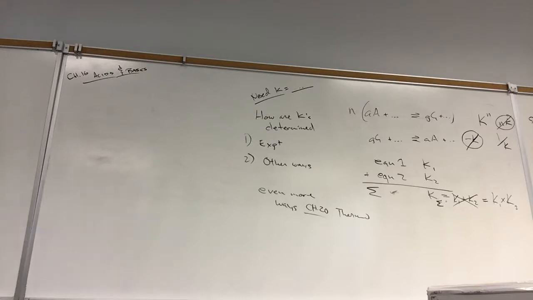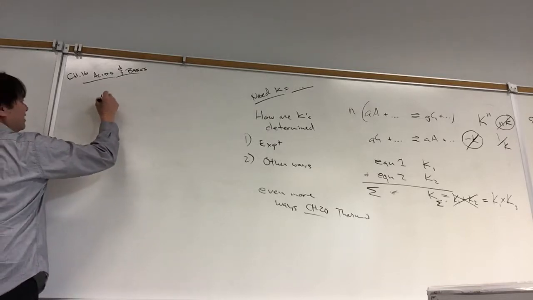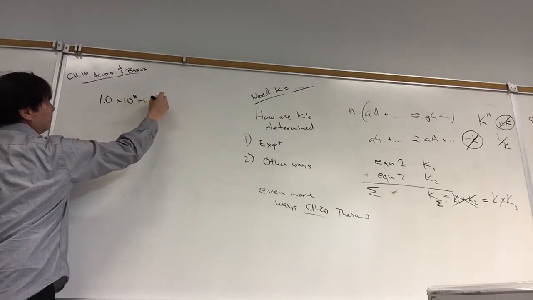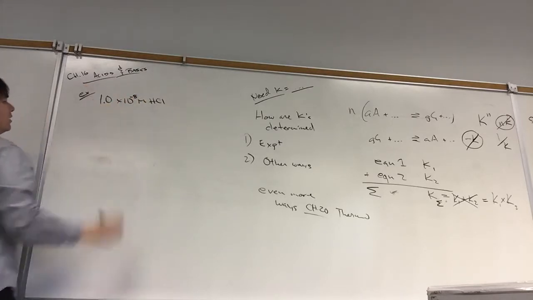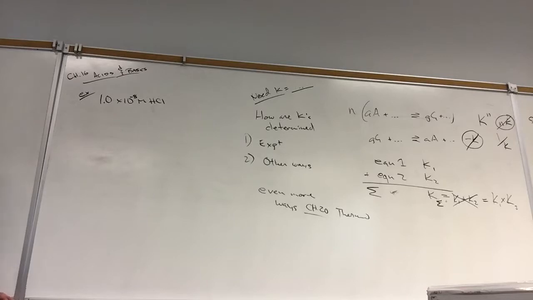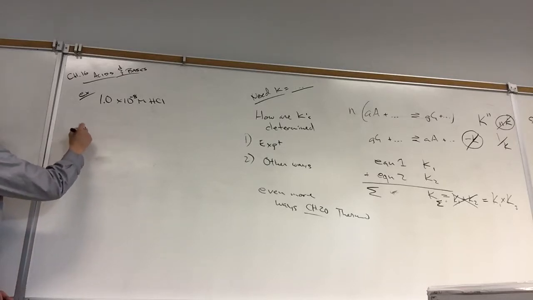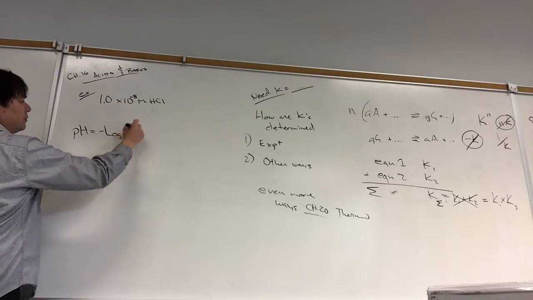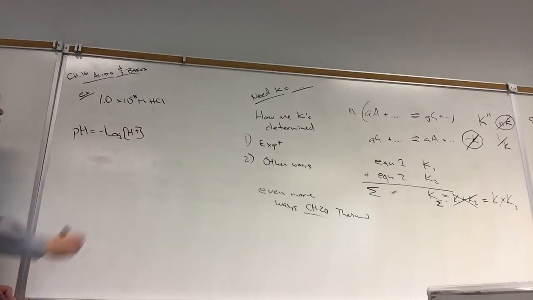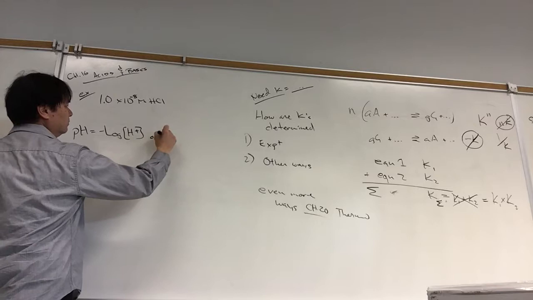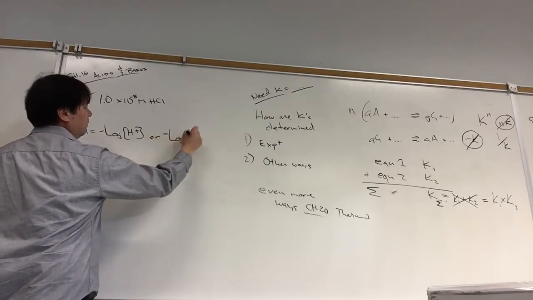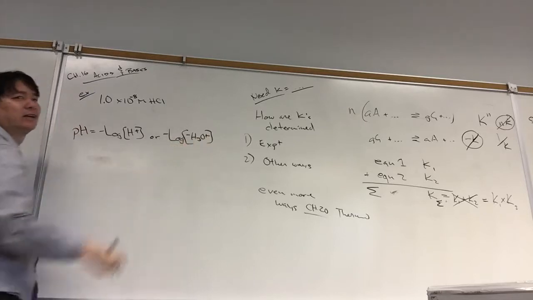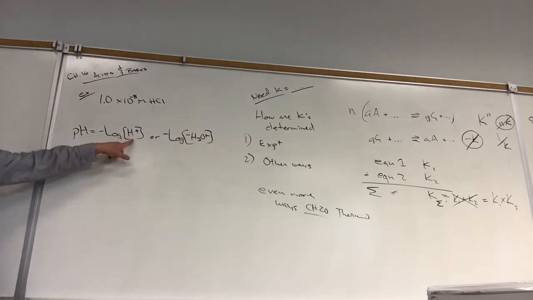Let's take a look at this. I want 1.0 times 10 to the minus 8 molar HCl as an introductory example. Do you know how to calculate pH? pH is the negative log of the hydrogen or hydronium ion concentration. In chapter 16, we're primarily going to be talking about hydronium rather than hydrogen ion.